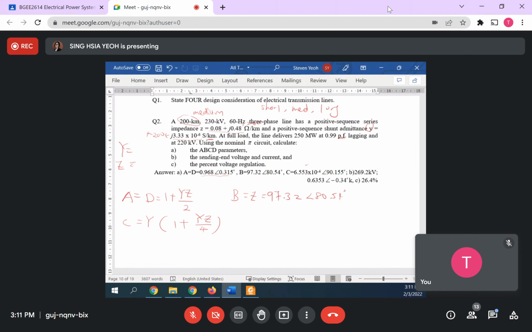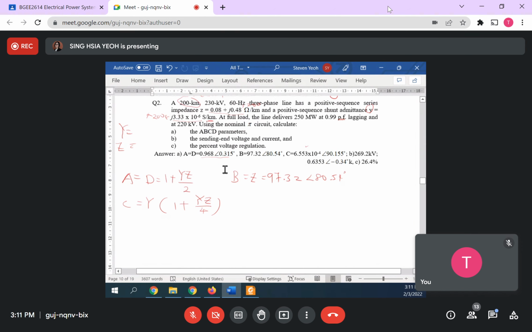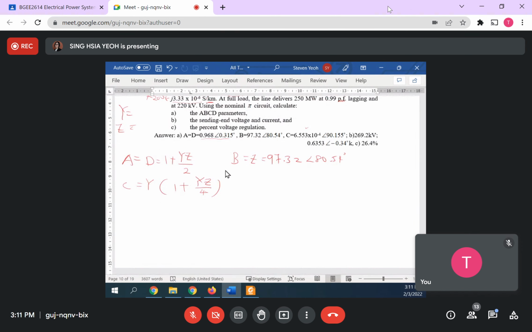Then part B, the sending end voltage and current. So part B also has a formula, right? ES equals AVR plus BIR. Then IS equals CVR plus DIR.